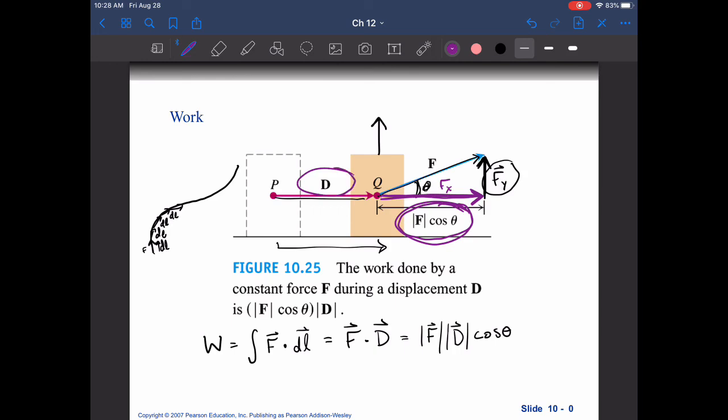Those two are the parallel parts of each vector, and therefore that is our work. That's what we have when we do the dot product. The dot product is multiplying together the parallel parts, okay? And that's how we solve for it.